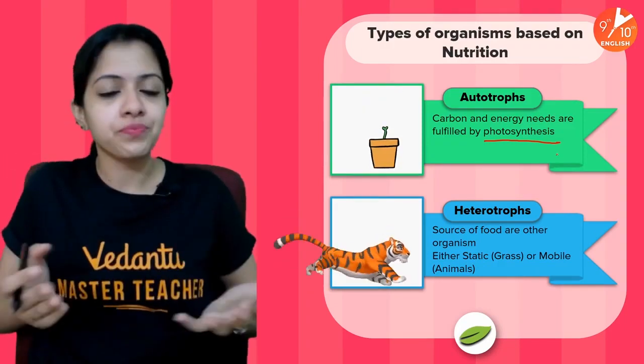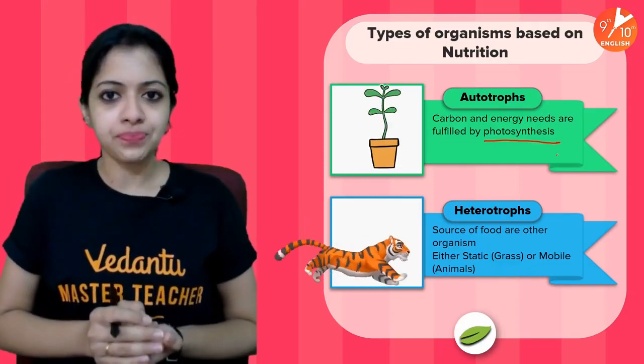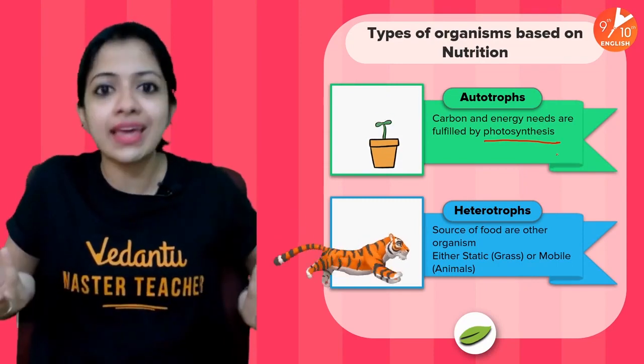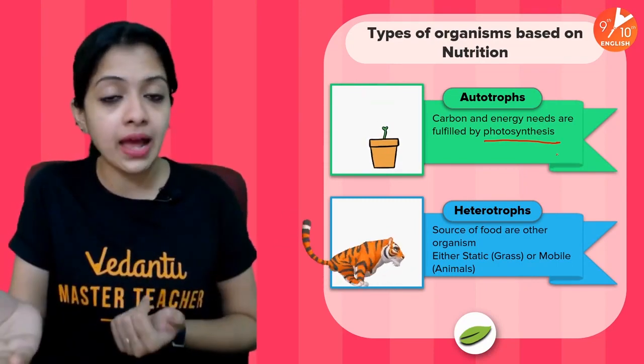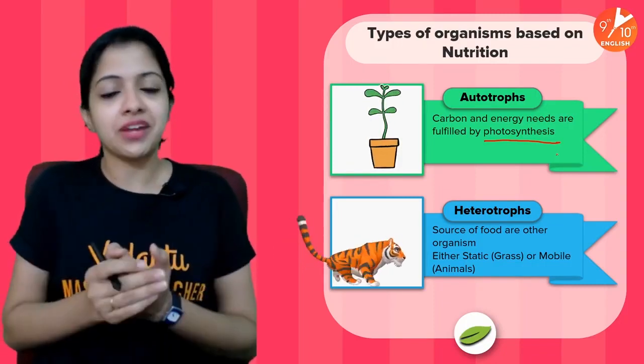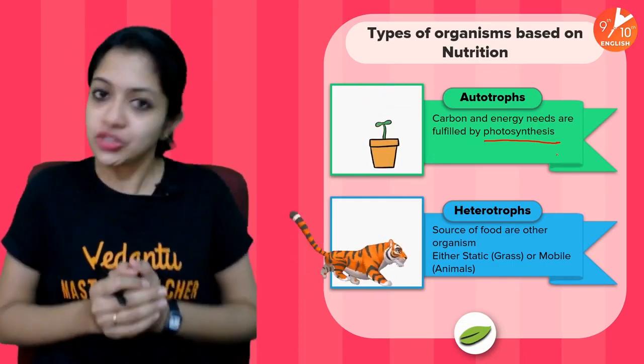What do we do? We have to depend on other organisms which would be our source of food. Of course, we can prepare our own food in the kitchen, but then the raw materials, where do we get that from? We have to depend either on plants or on other animals, if at all we are non-vegetarians, so that we can fulfill our nutritional needs, right?